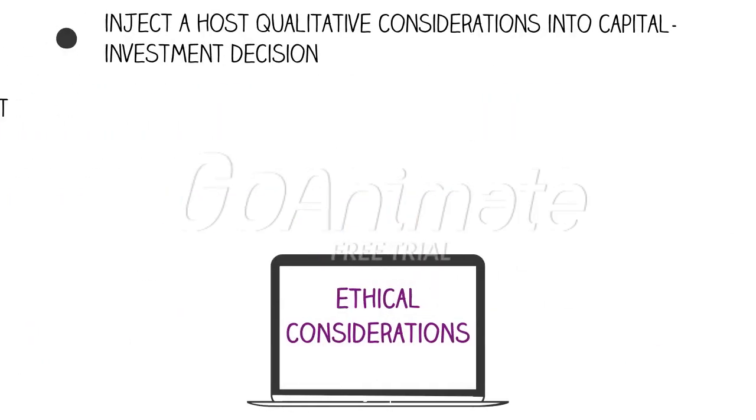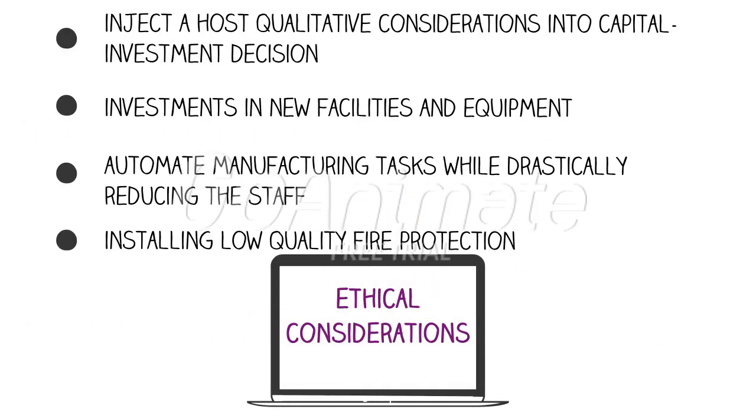Ethical considerations can inject a host of qualitative considerations into a capital investment decision. It can be affected by investments in new facilities and equipment. Automating manufacturing tasks can drastically reduce the staff. Installing low-quality fire protection systems can endanger employees on the job.